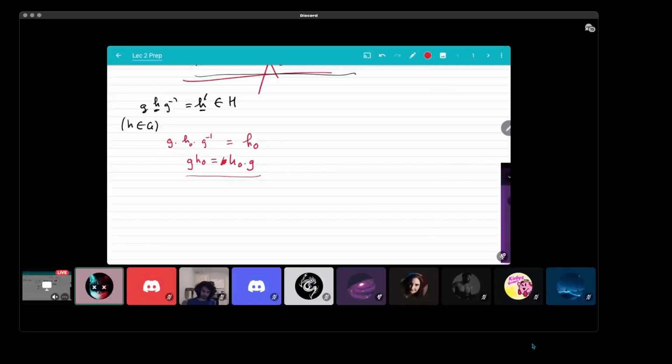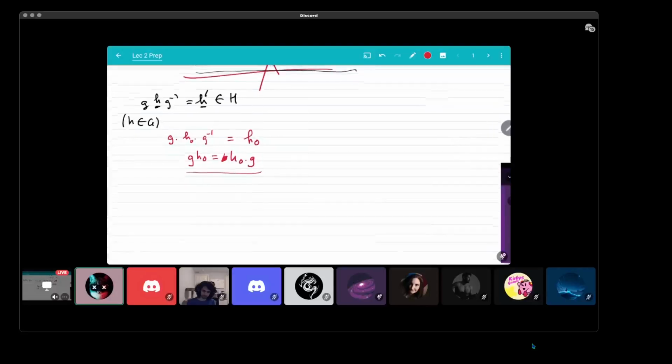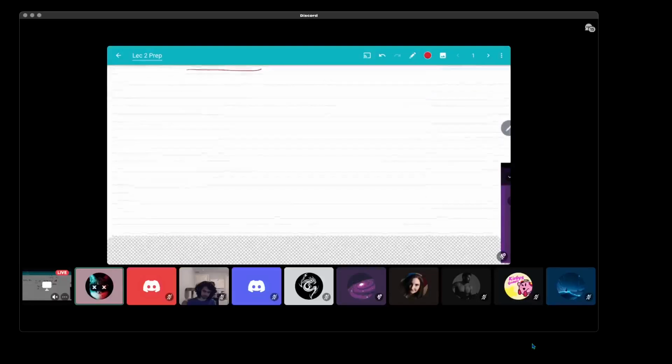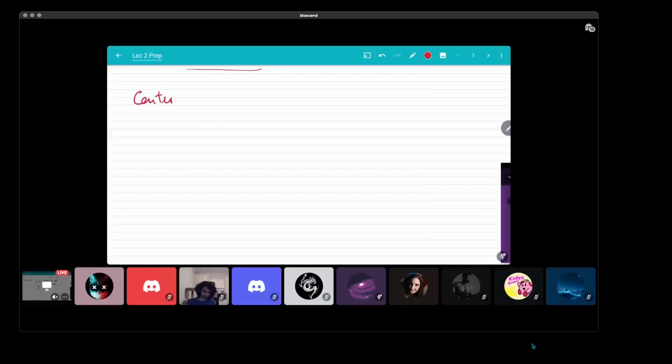And this is actually an important subgroup of any group, which is called the center of G, which is the set of elements, I'm going to call them Z, in the group, such that for any G, any other element commutes with them.